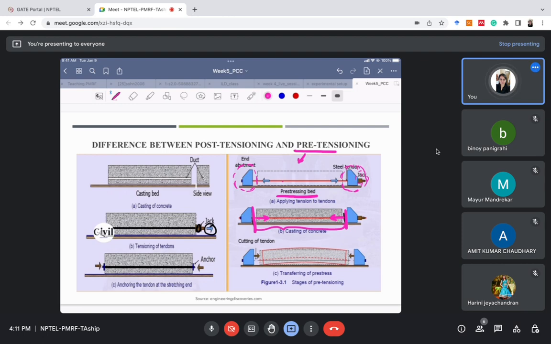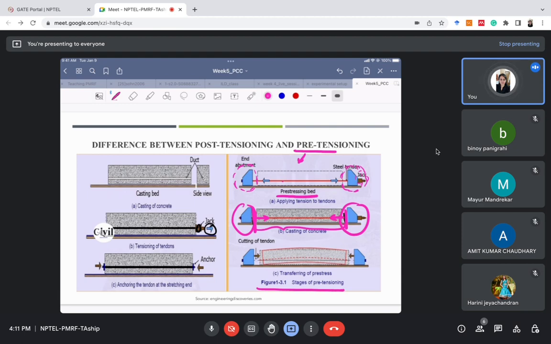If we suddenly remove these two jacks, it will introduce compressive stress in the tendon, because of which the compressive stress will be transferred to the lower part of the beam. So this is the method of pre-tensioning. Our main motive of pre-stressing is introducing compression on the bottom part of the beam. So we can do it using pre-tensioning like this.